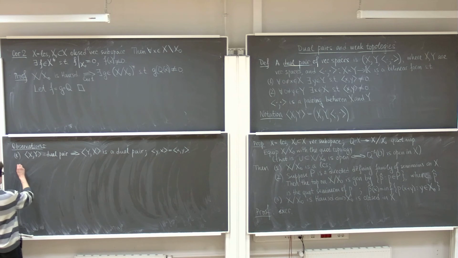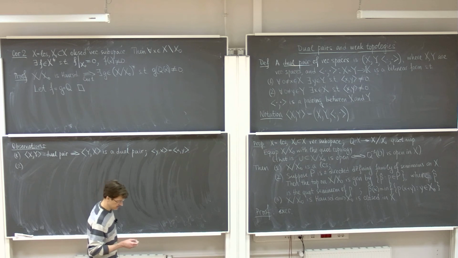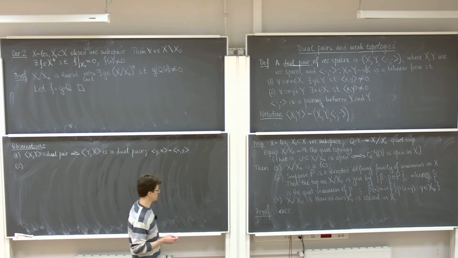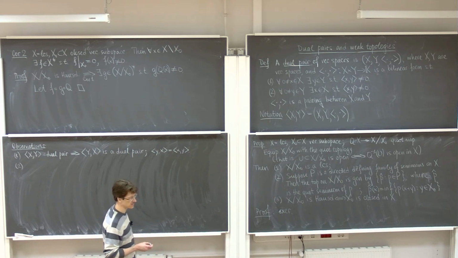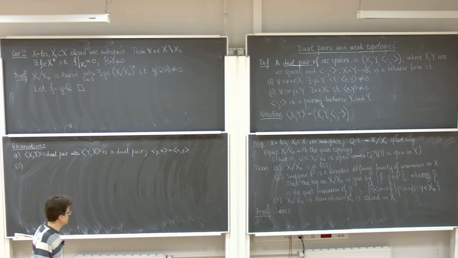And the second observation. Before we do it, we will need some notation for the algebraic dual of a vector space, that is, for the space of all linear functionals. In linear algebra, the algebraic dual is usually denoted by star, but we have already reserved the star for the topological dual, that is, for the space of all continuous linear functionals on a topological vector space.